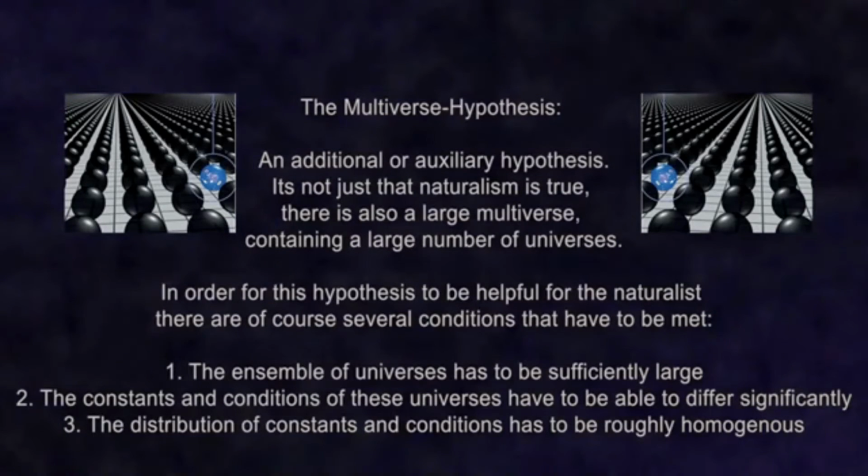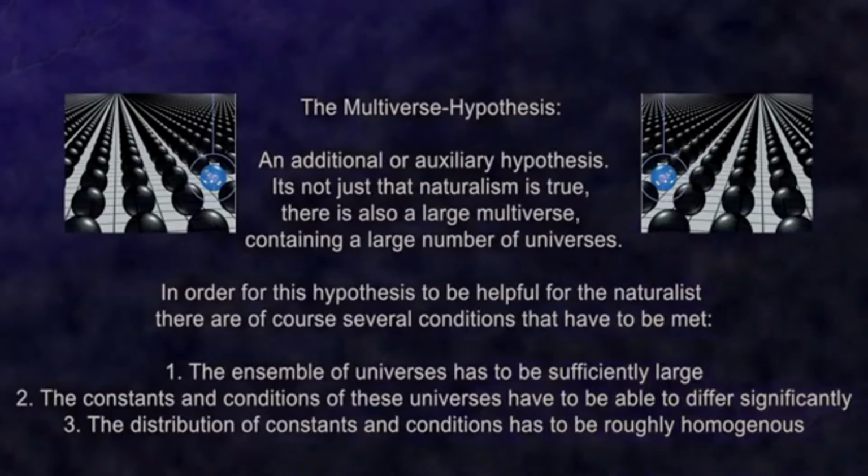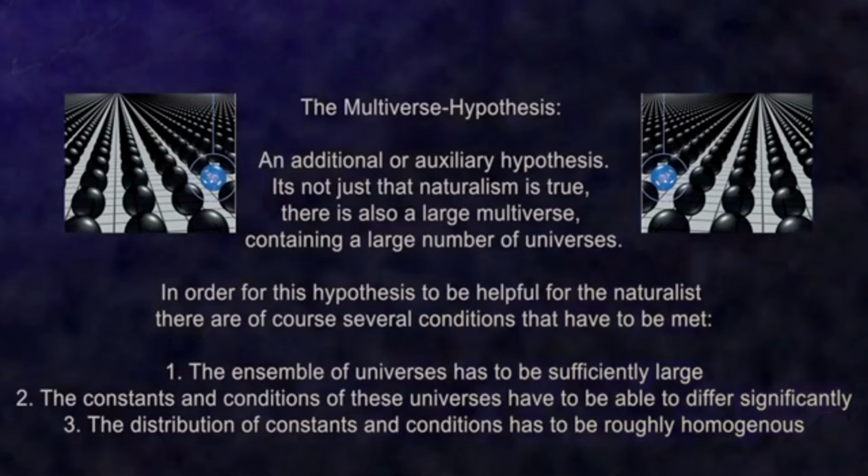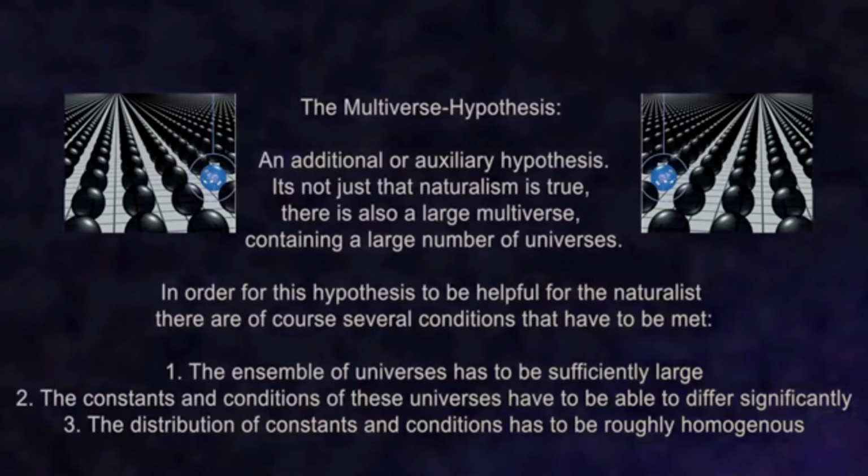If there is this large ensemble of universes, but their conditions all fall in the life-permitting range, this wouldn't really solve the issue. It would seem they are all fine-tuned. And thirdly, the distribution of constants and conditions has to be roughly homogeneous. If the universes don't vary homogeneously concerning the initial conditions and parameters, then the multiverse hypothesis is of limited value.